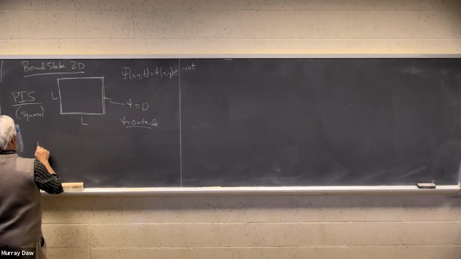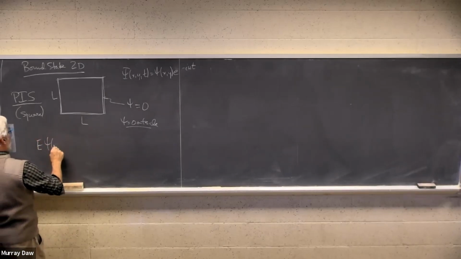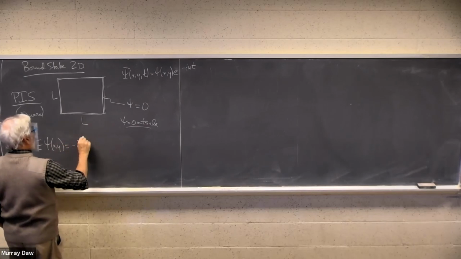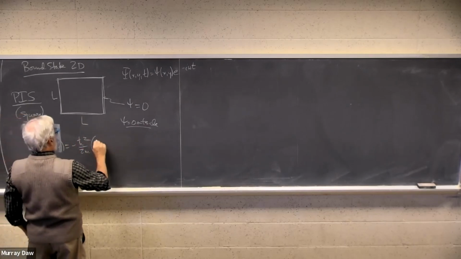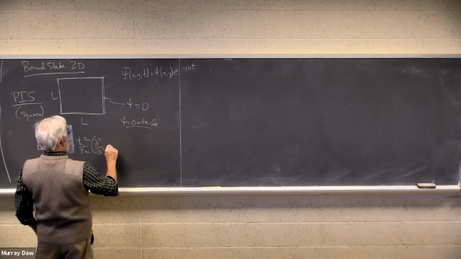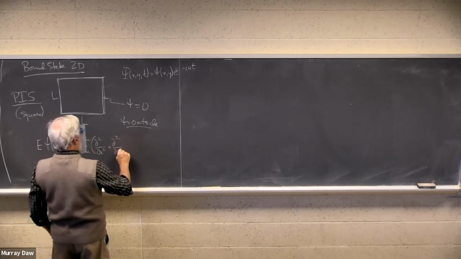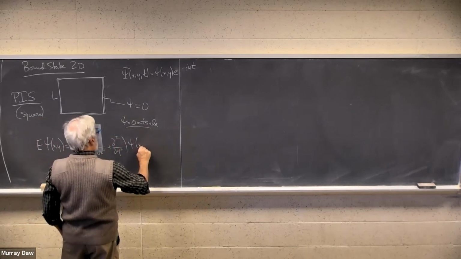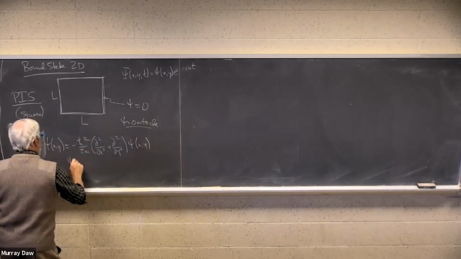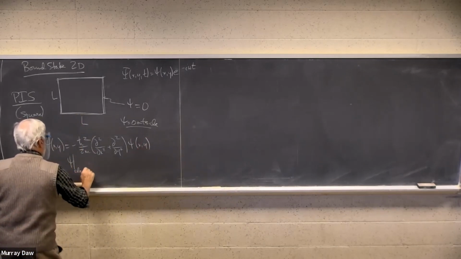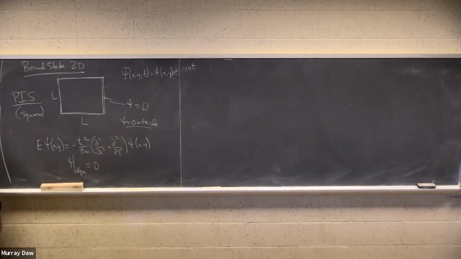So we want to solve the time independent Schrodinger equation. And we have that psi along the edge of the square has to vanish everywhere around the edge of the square.